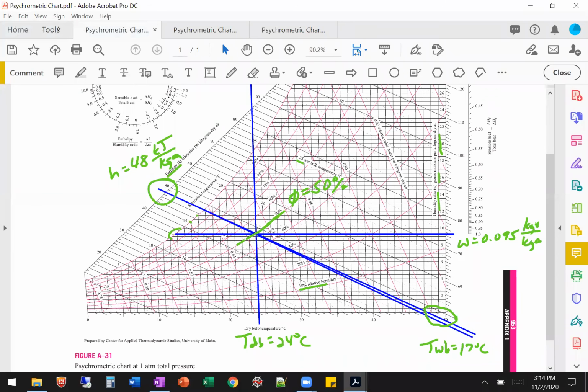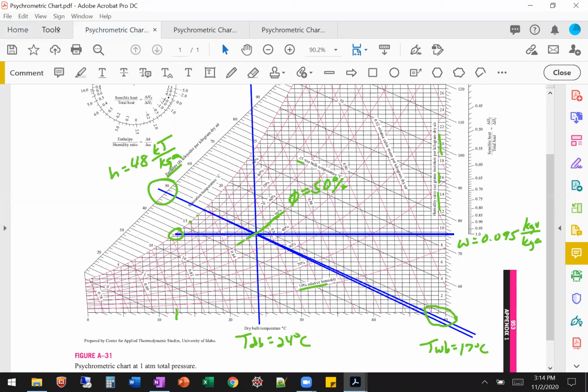Right where it hits here, because that's the 100% relative humidity line, we just cooled it. We took our point and cooled it all the way until it hit 100% relative humidity by keeping the specific humidity, the horizontal line. So if we want to read the temperature for that new point, where the dew point is, it's right here.